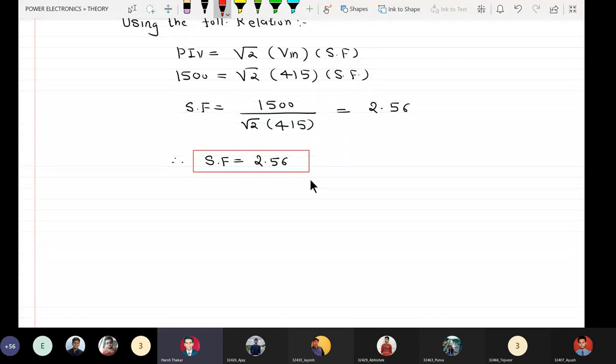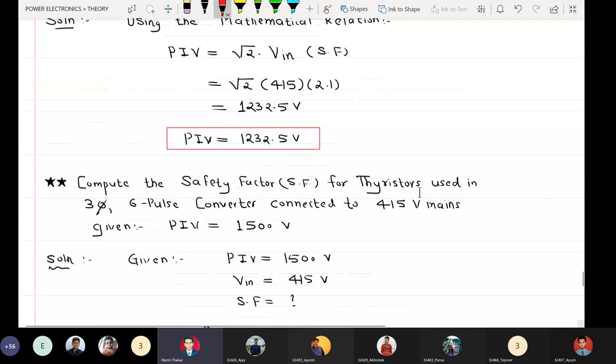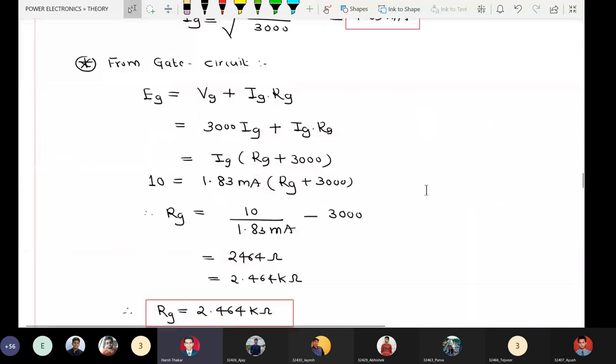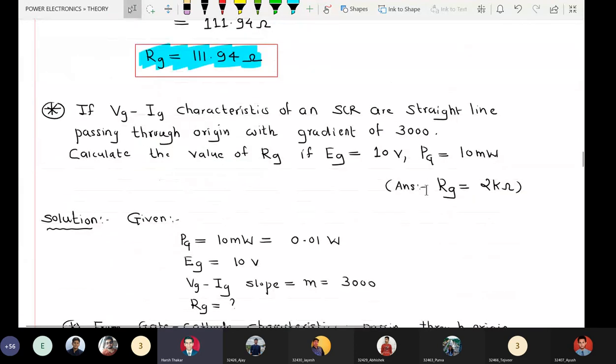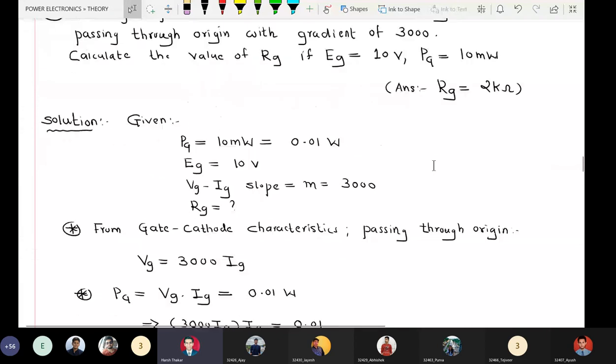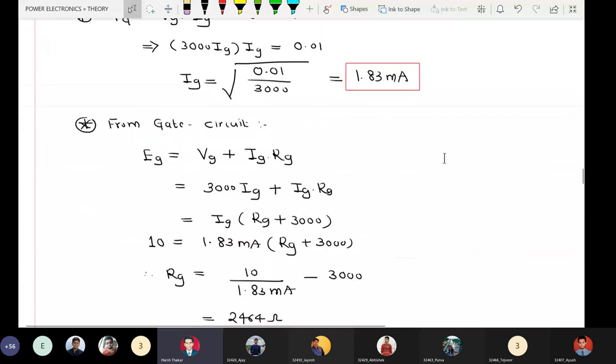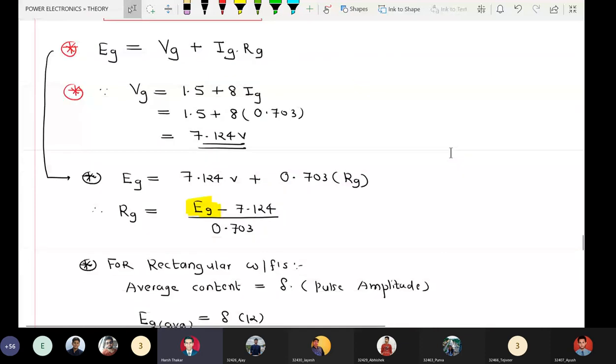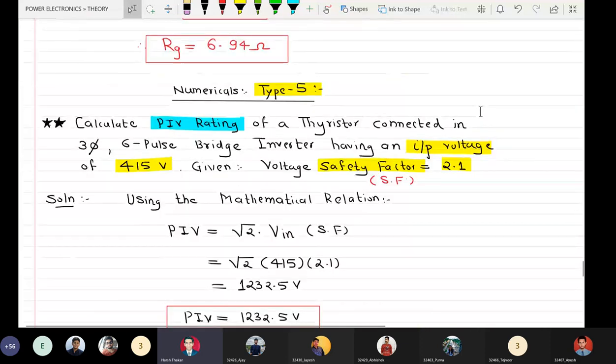Okay, so we have solved 3 numericals today. 2 numericals on type 4 and we have solved 1 numerical on type 5. So this relationship is important.